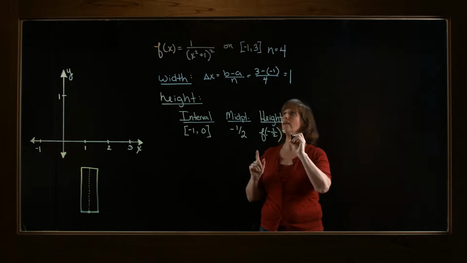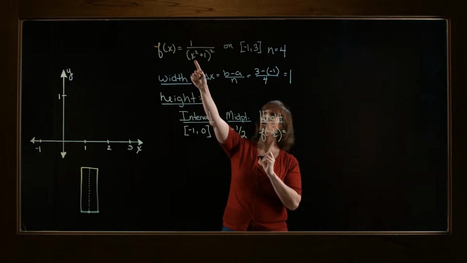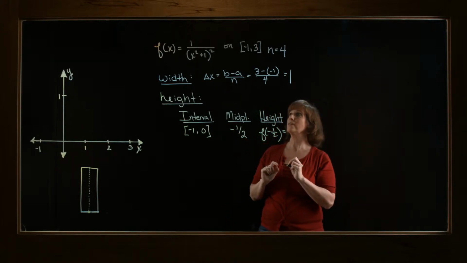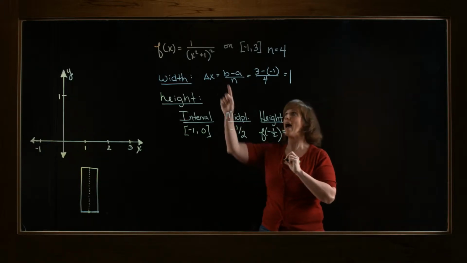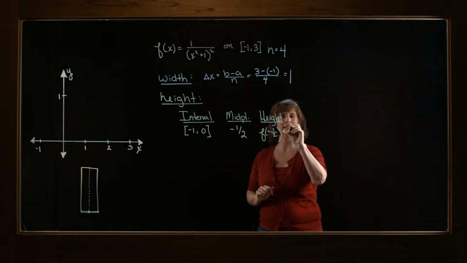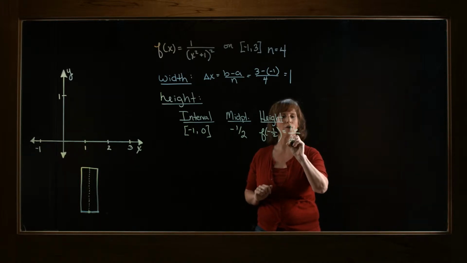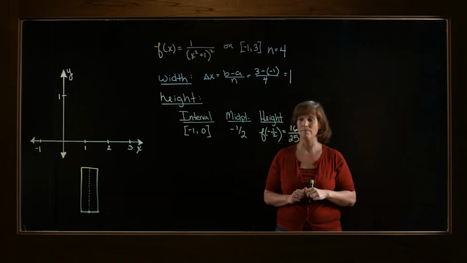So I'm going to have 1 divided by 1/4 plus 1. So that's going to give me 5/4 squared, or 25/16. And 1 over 25/16 is 16 over 25.